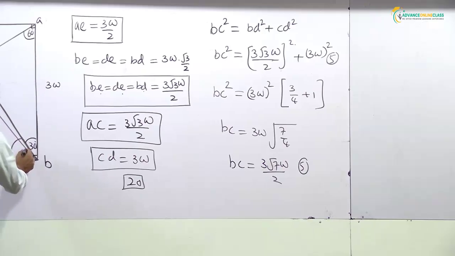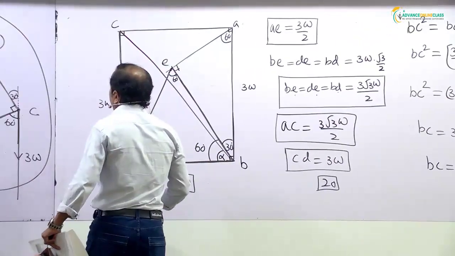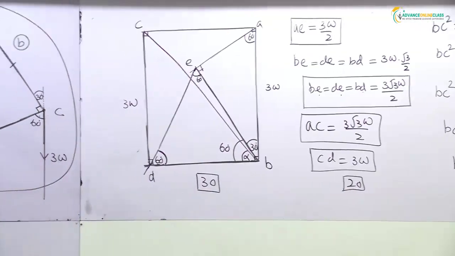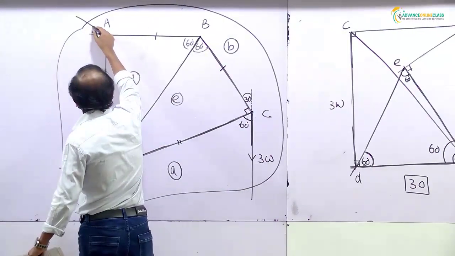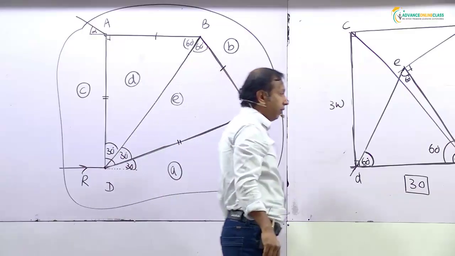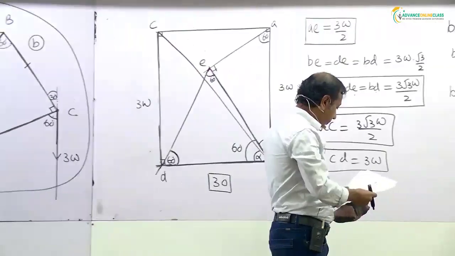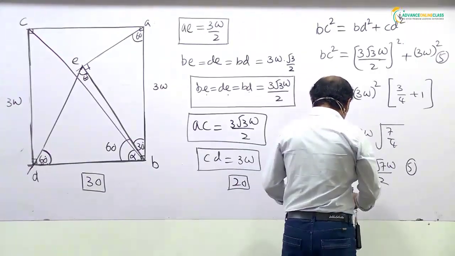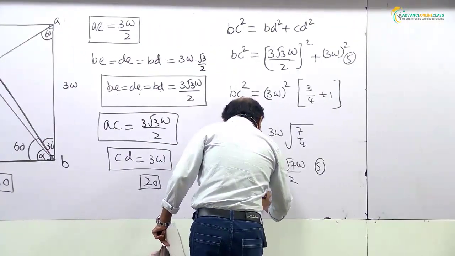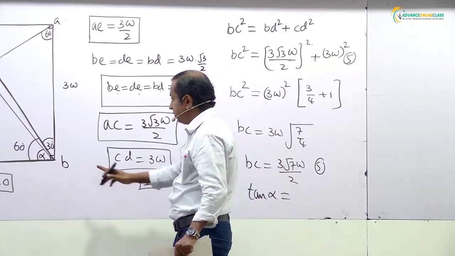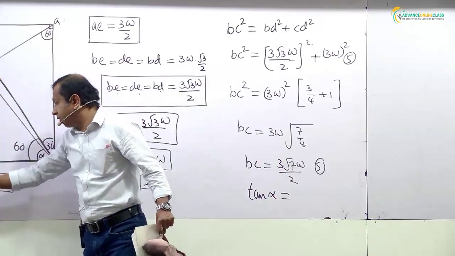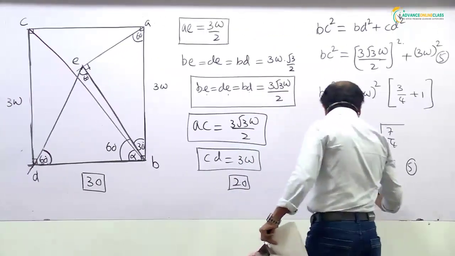Let this angle be alpha. The reaction at A makes an angle alpha with the horizontal. That also you must find because it's a force. What is tan alpha? Tan alpha is CD divided by BD.